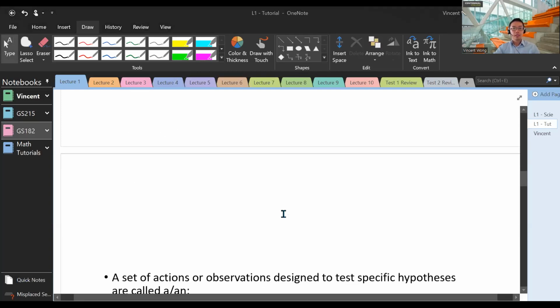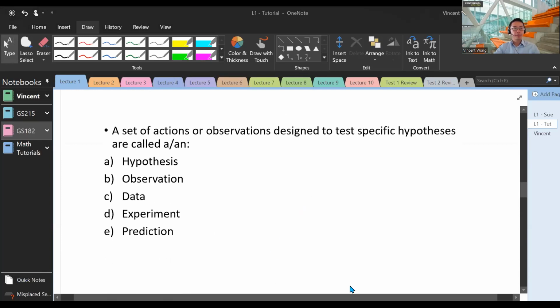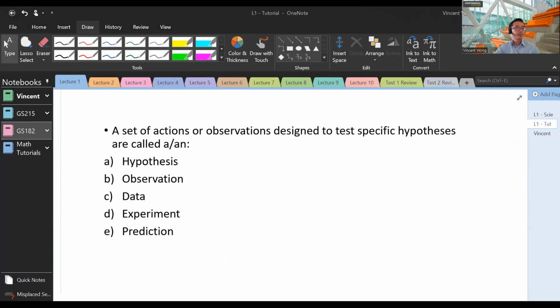Very good. Okay, how about this one? Okay, this one is better than the last one in terms of people getting it right.